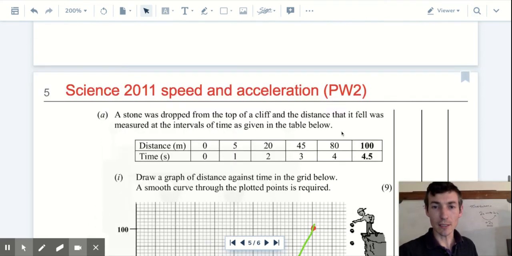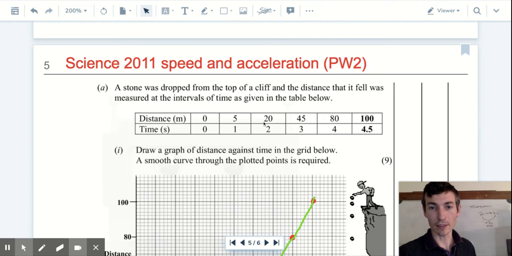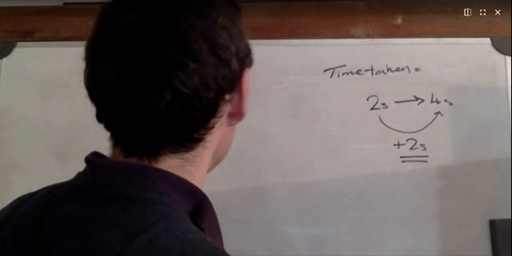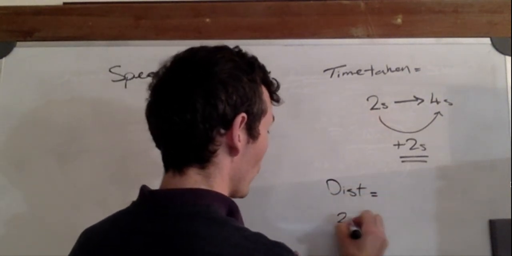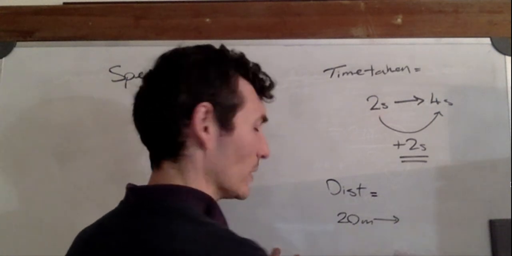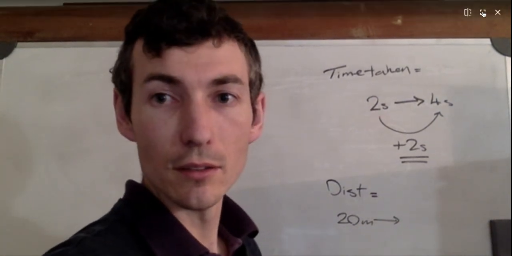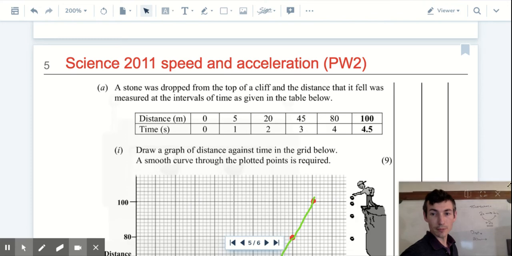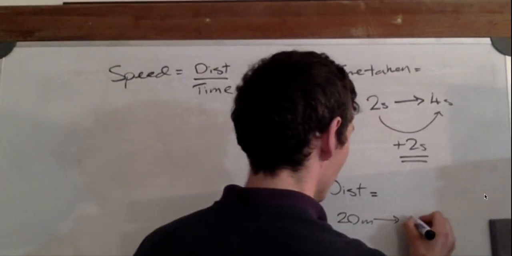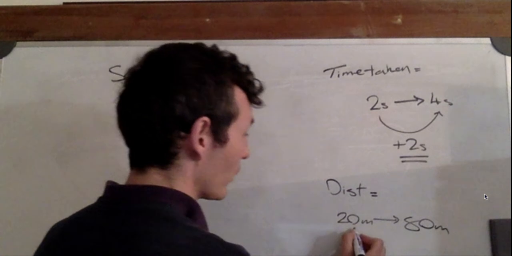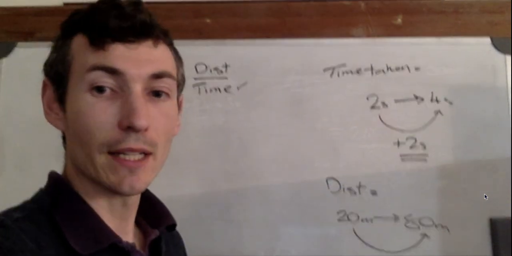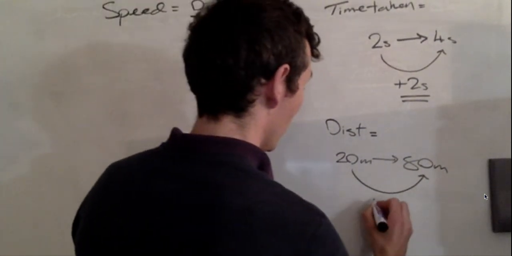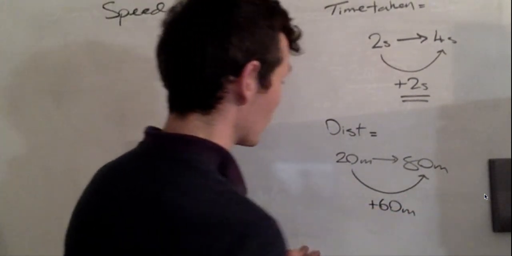Okay, now we need our distance between the second and fourth second. So it's going from 20 meters to 80 meters. Okay, so our distance is going from 20 meters all the way to, what was it? Was it 80 meters? It was 80 meters. Okay, now to go from 20 to 80 meters, how far did it travel? It's going to have to go plus 60 meters. Okay, so that is our distance.